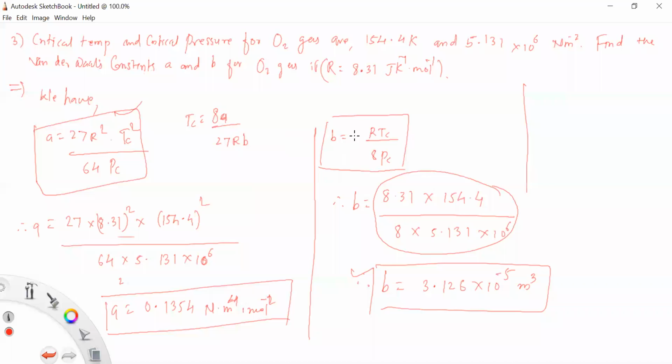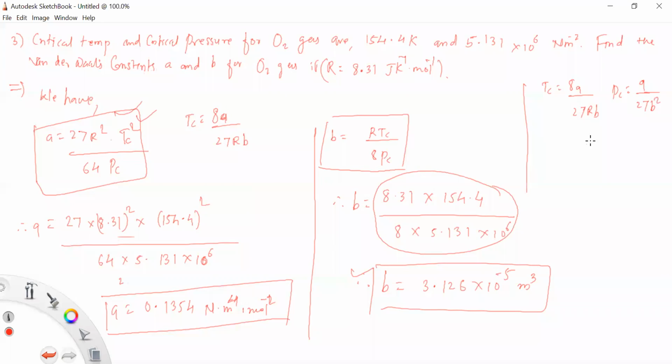So let us see, we know that TC is equal to 8A upon 27RB. आपण हा फॉर्म्युला कुठून आलाय ते बघतोय. And PC आपल्याला माहित आहे A upon 27B square, right?